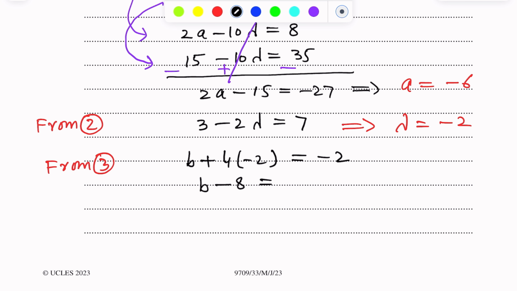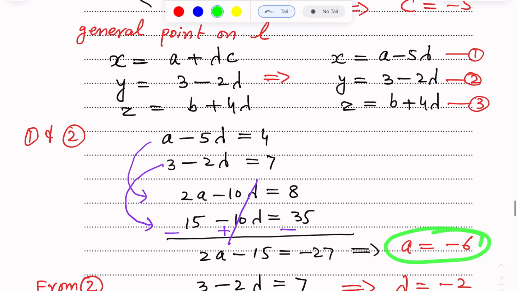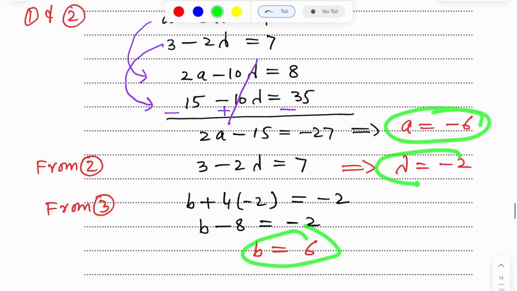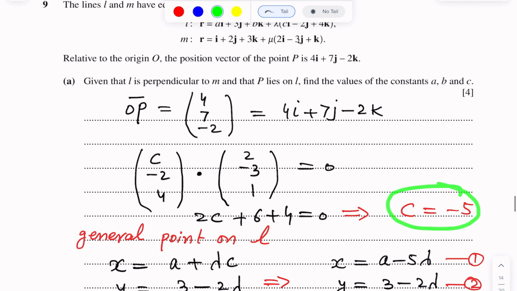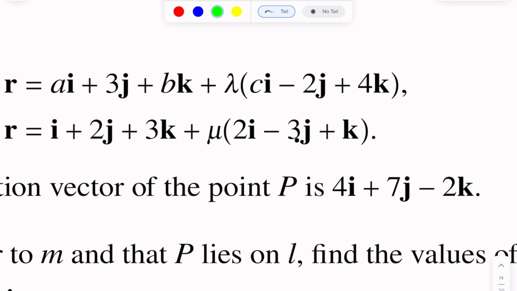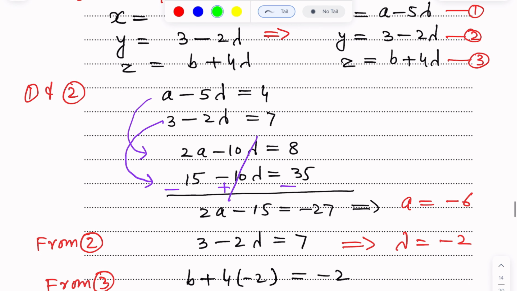B minus 8 is equal to minus 2. From here b is equal to 6. Now we have found the values of a, b and c. Also the value of lambda, which was the scalar quantity in line L.